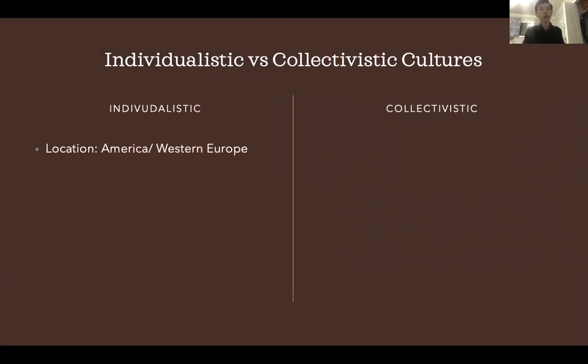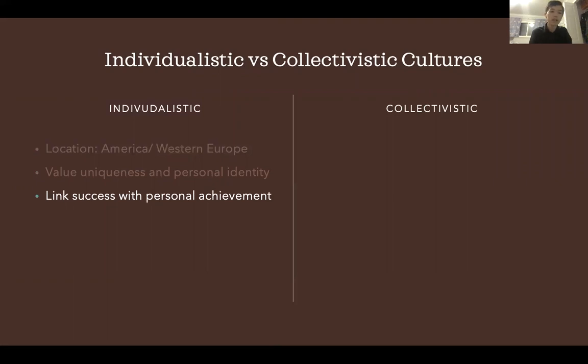Individualistic cultures are mainly located in America and the Western European countries. They value uniqueness and personal identity, and they link success with personal achievements. Collectivistic, on the other side, is practically the opposite of individualistic. And they have idiocentric orientation, which is another name for individualistic cultures.